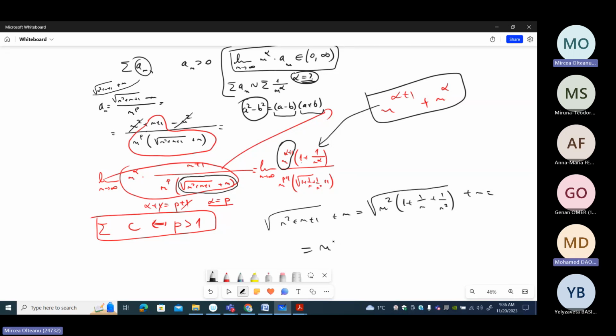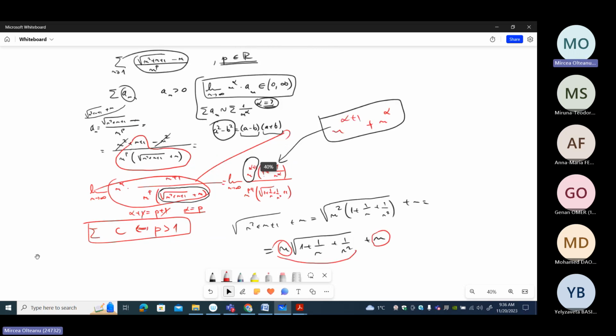So now in front of it we have n times 1 plus 1 over n plus 1 over n squared plus n. And now we look here. The first term has the power n at 1. Yes. The second term has the same by chance, just the same power n.